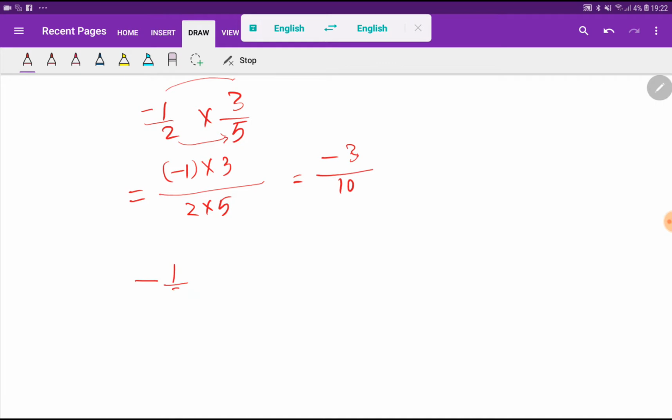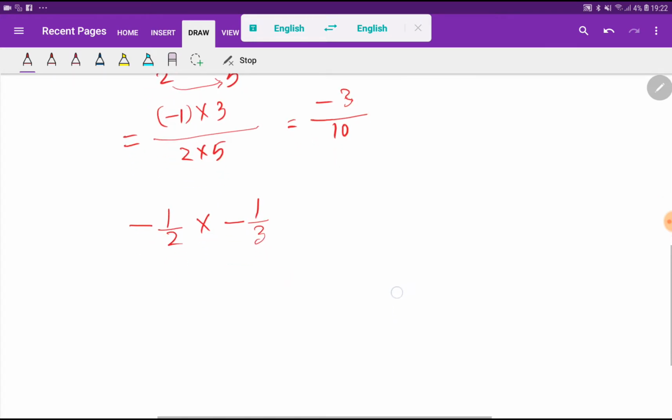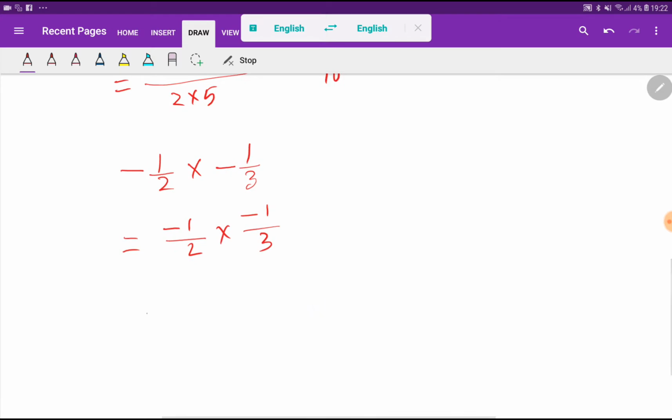How to multiply minus half times minus 1 by 3, right? So look at here, I can rewrite this like this. So we have to multiply numerator to numerator, right?